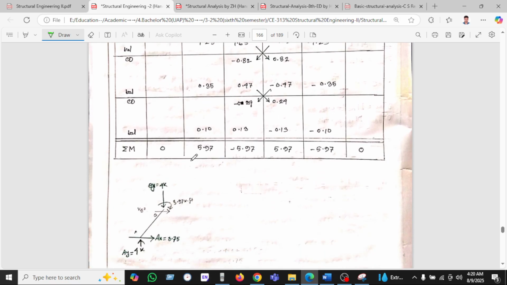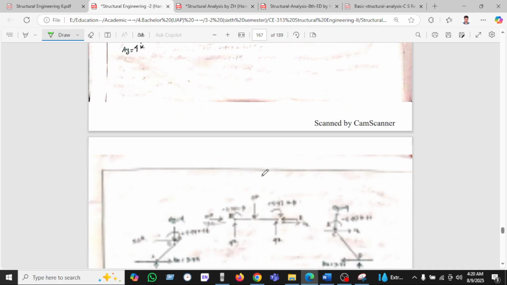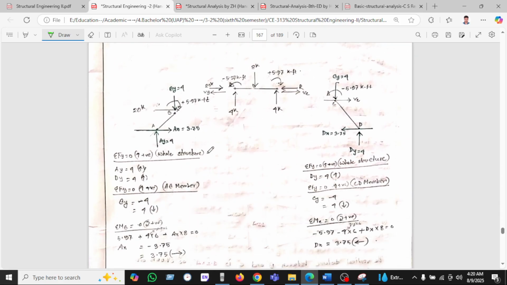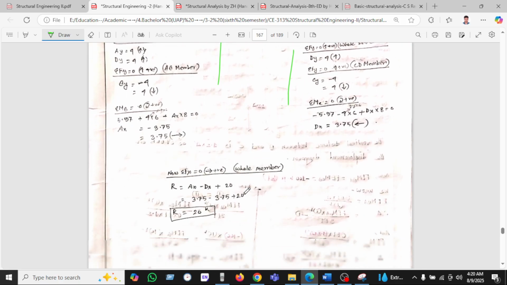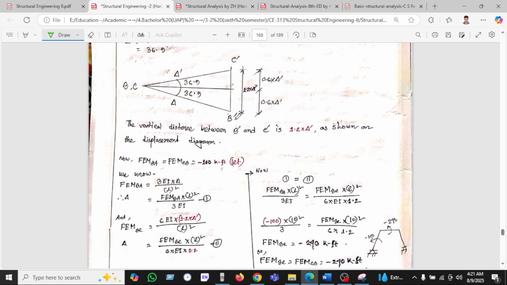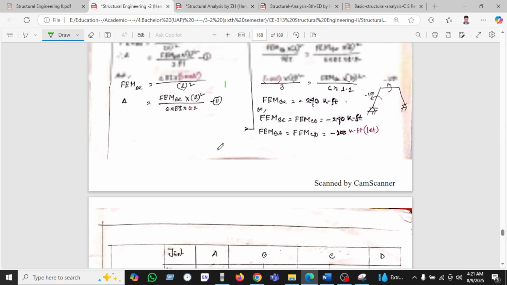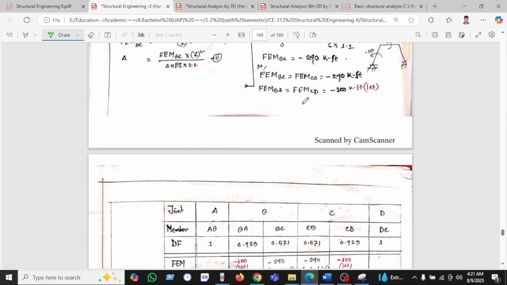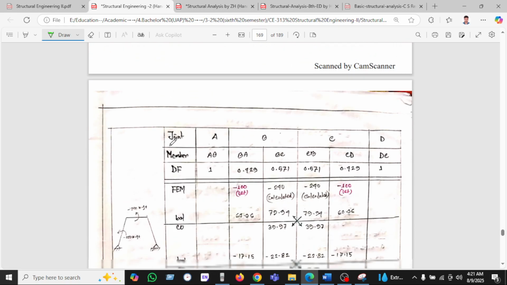After getting the joint member distribution factor, fixed-end moment and balance distribution, you can see after getting this moment, this is our moment, the 0, 5.97, this is the 5.97, and after this value we can analyze all this here. I'm just skipping here, as you know. And we've been forming this diagram, and the vertical distance also we've been forming below, and 100 we've been taking as length, assuming the fixed-end moment.